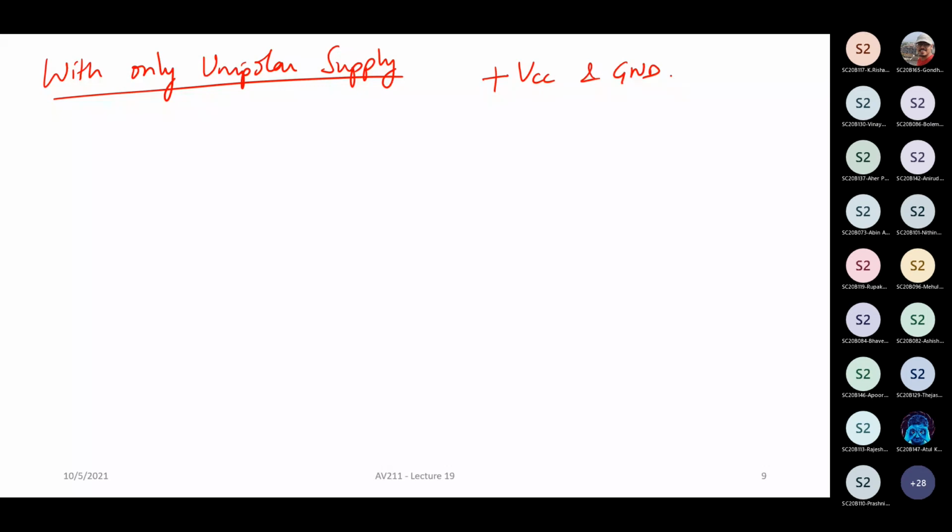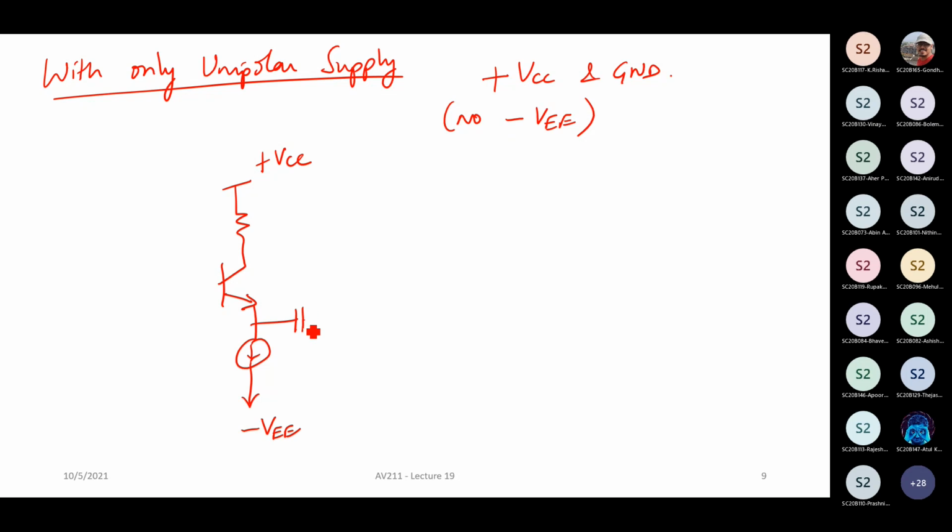There is no minus VEE. So in this particular circuit, we said that we had plus VCC here, and this is minus VEE here, and we grounded this base. Now, suppose I'm telling you that this is not possible. What will you do?